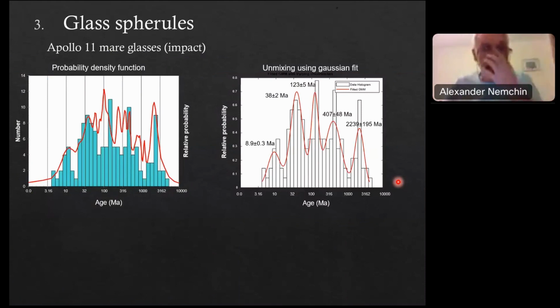We try different ways, and I'm kind of trying to show you. This is a histogram of distribution for Apollo glasses, and this is a standard PDF, or probability density function. You can see the PDF identifies a lot of peaks here, but if I try to do Gaussian unmixing, for example, it only recognizes 5 major peaks.